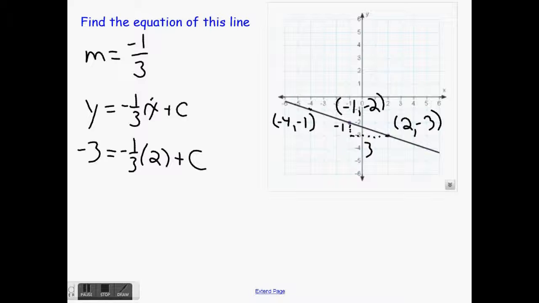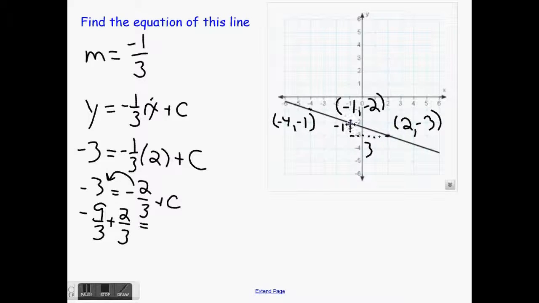So -1/3 times 2 is -2/3. It's -3. I'm going to change -3 to -9 over 3. And then when I bring this to the other side of my equation, it becomes positive, so plus 2/3 equals c. So minus 9 over 3 plus 2 over 3 is -7 over 3.